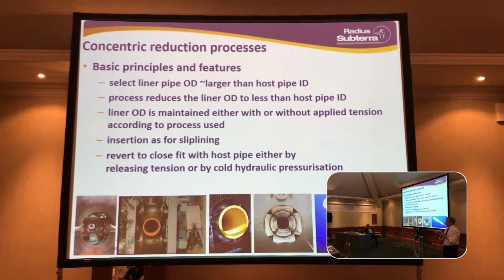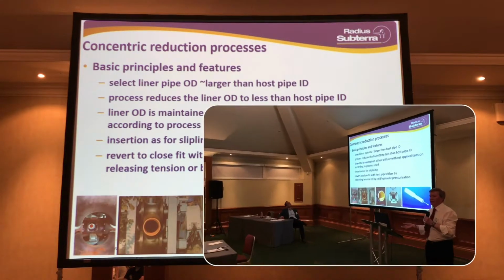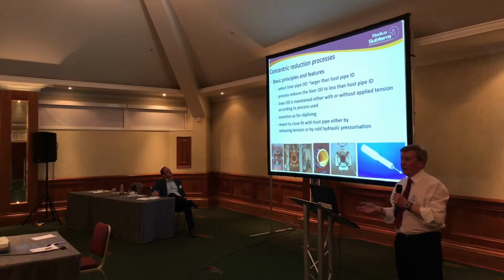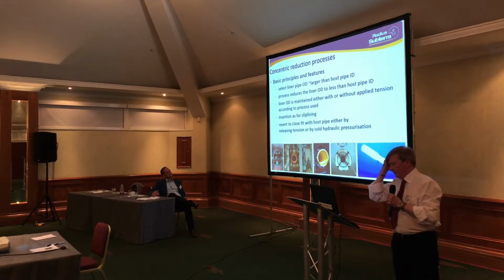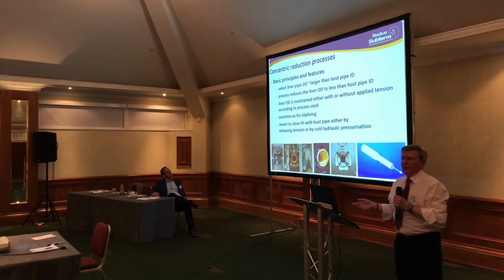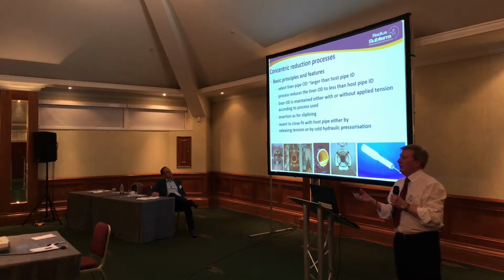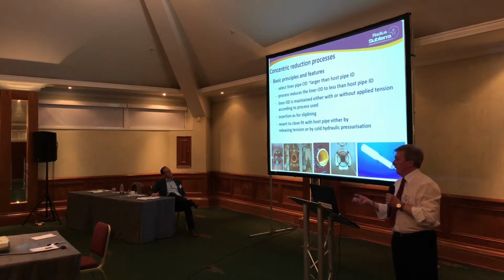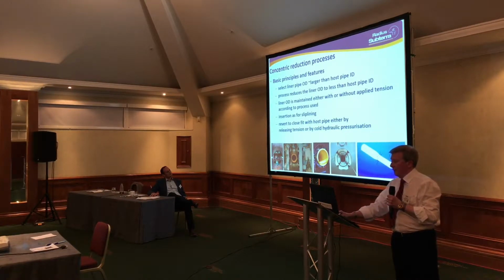That's important because you can get it from stock, quite often. The process somehow reduces the outside diameter to a smaller diameter than the ID of the host pipe, and then the liner pipe can be taken in as a slip lining operation, either with or without applied tension. Once the liner is in place, it's then reverted to a close fit, either by releasing tension if it's one of those systems, or by hydraulic pressurization with cold water.